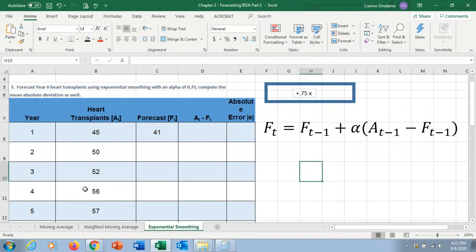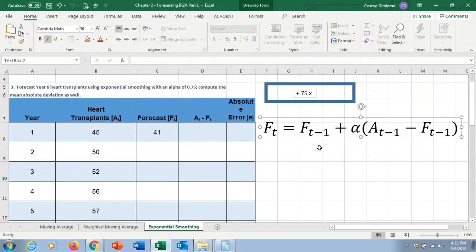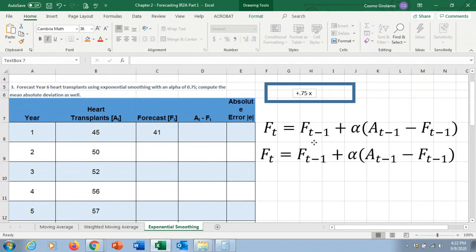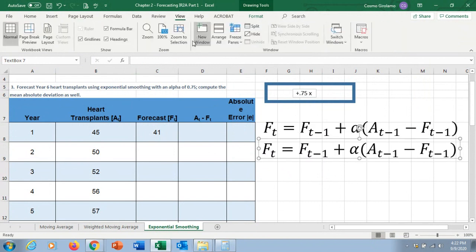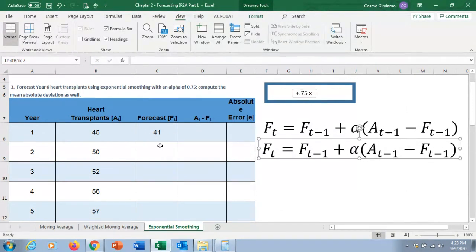So the heart transplants are what actually happened. The forecasts are what we forecast to happen. And so my formula here is, what happened, so I'm forecasting, let's put in a T. So I want to forecast for time period 2.